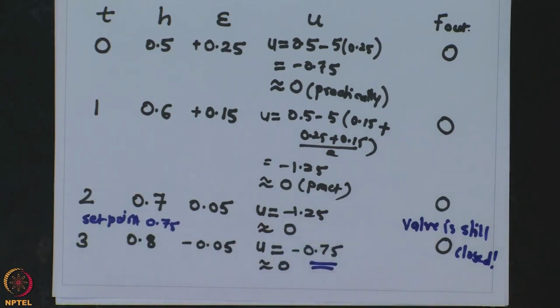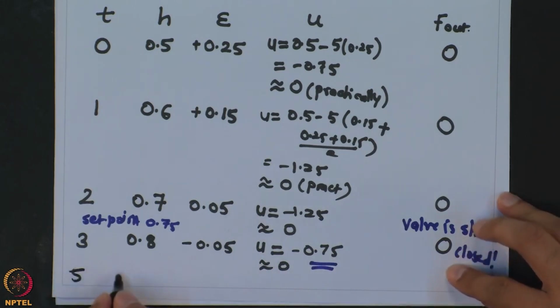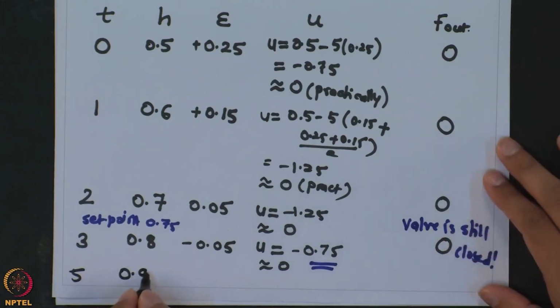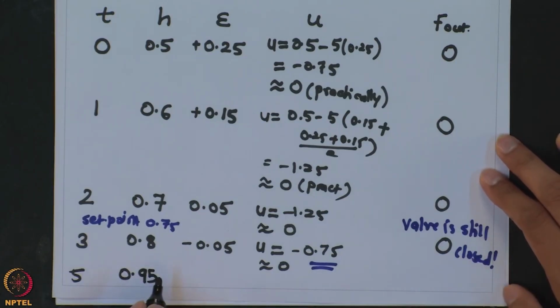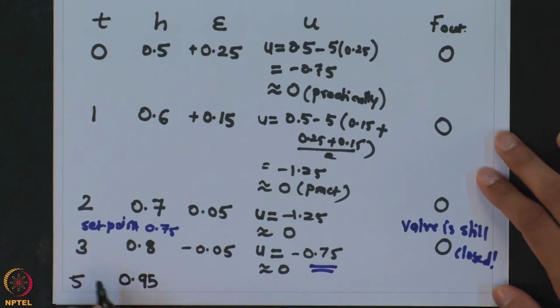If you try to continue with these calculations, you would see that the level at the end of 5 seconds would reach 0.95, and then would be the time when the outlet flow rate would eventually be 0.2 and the level would start to drop.